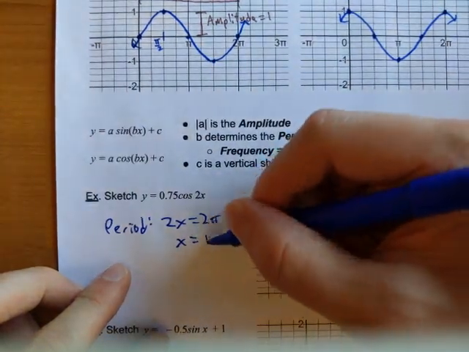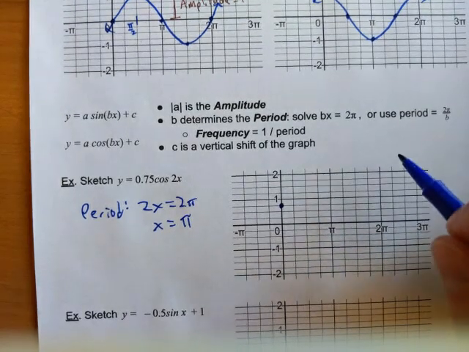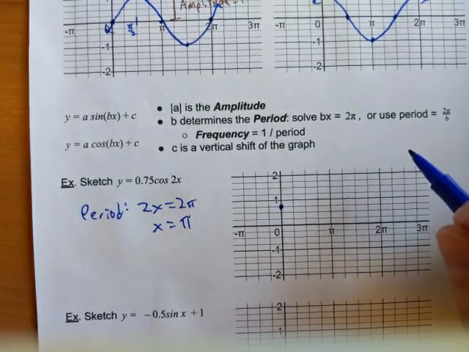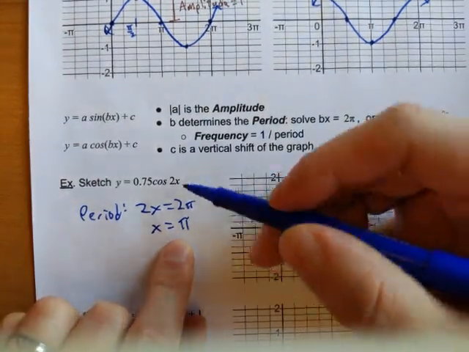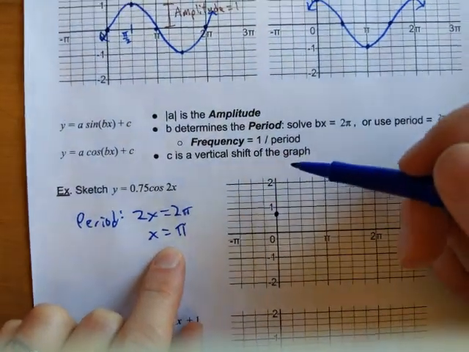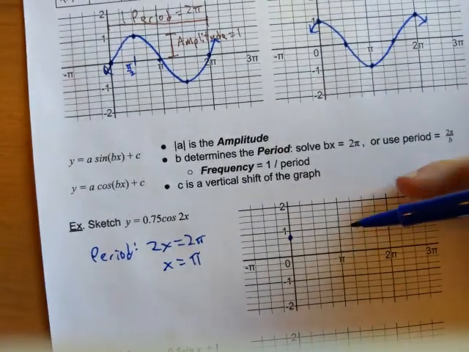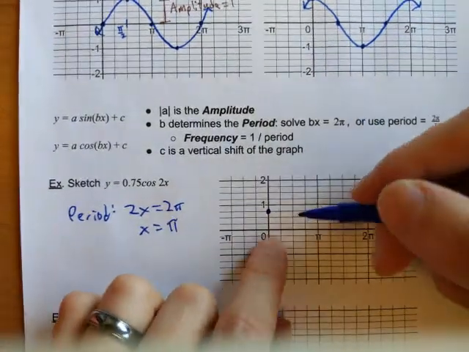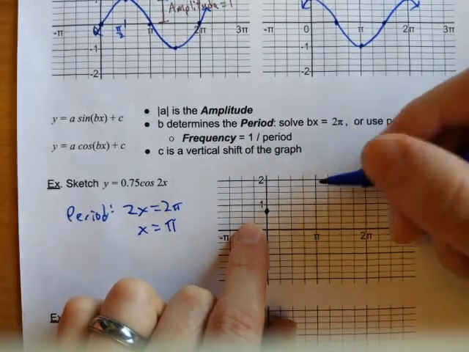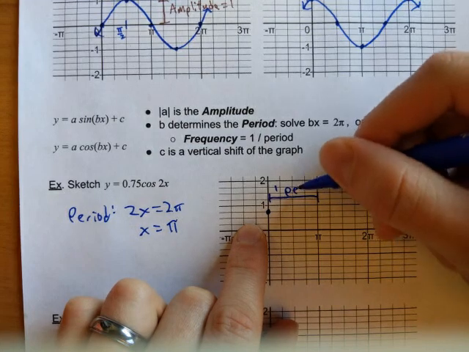And so that's going to be when x equals pi. So for this one, by the time that we just get to pi, it's already going to start repeating. Because when x is pi, we're actually plugging in 2 pi into the function. And so we're already plugging in that full circle angle, and so we'll already start getting repeating values there. So the period, the length of one period, is going to be up to pi right there.